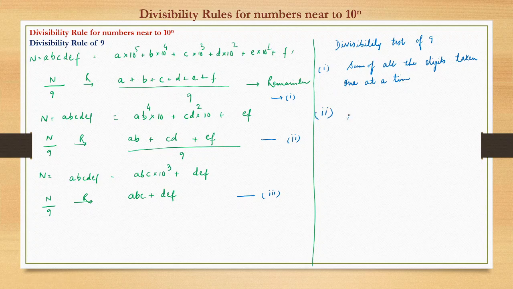Second, I can also take the sum of all the digits taken two at a time, or I can take the sum of all the digits taken three at a time.